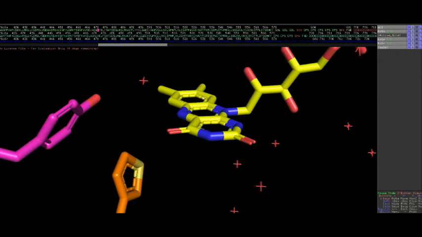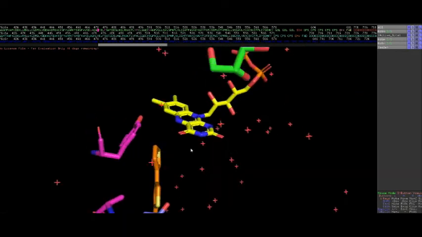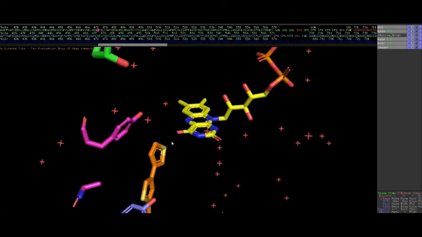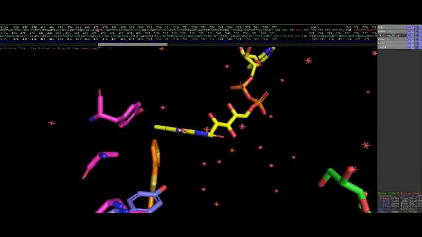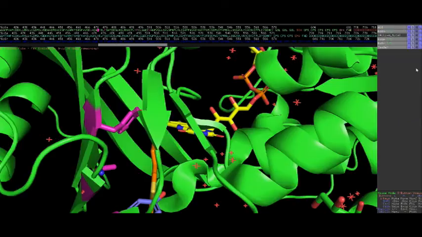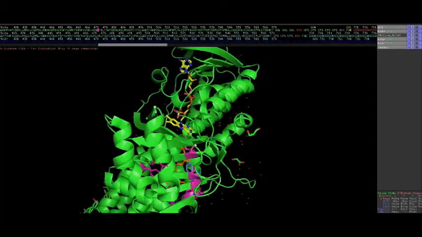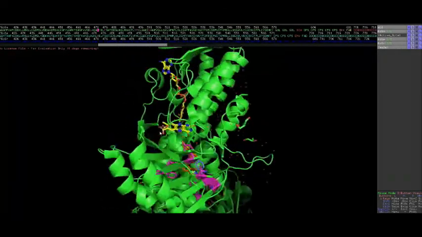And so we can see how, if we had the substrate in here, the FAD would be coming over the substrate in order to donate those electrons to the substrate. Let's put our cartoon structure back.